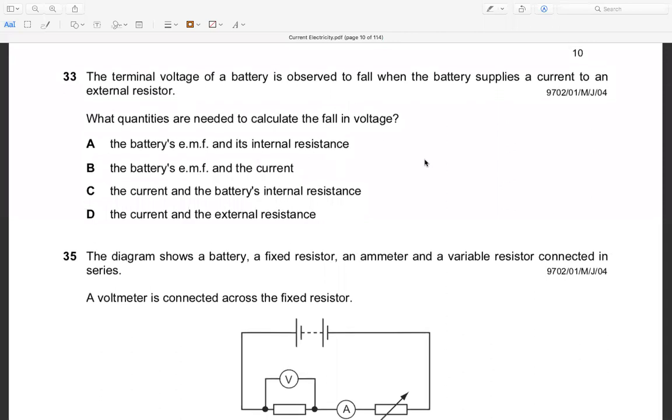33. The terminal voltage of a battery is observed to fall when the battery supplies a current to an external resistor.